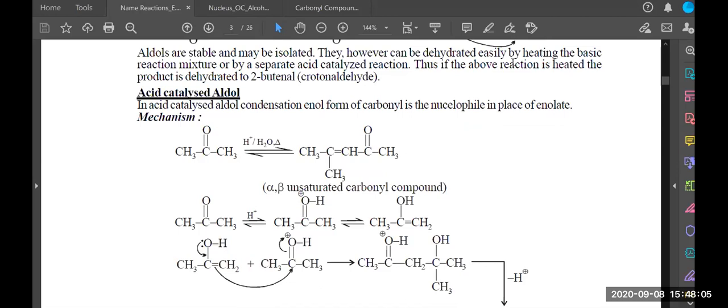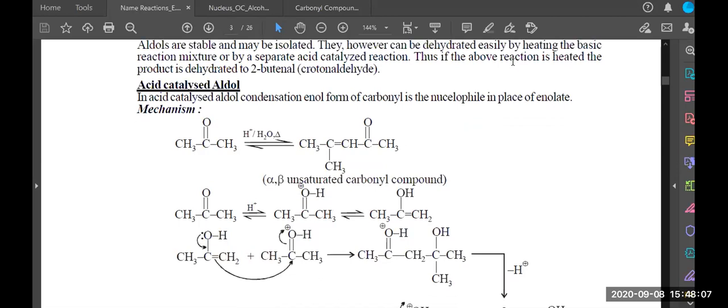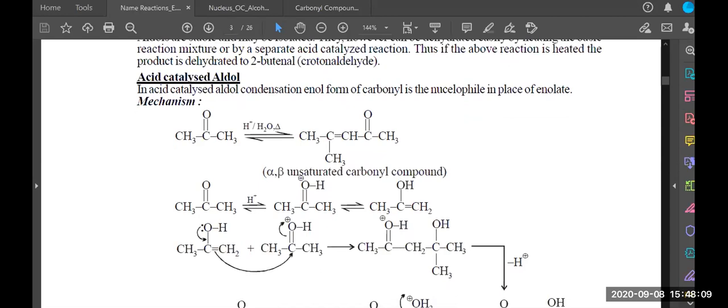We haven't used acid catalyzed. Now, just think with an open mind: what will happen when we give acid, H plus? Because base catalyzed is very simple. We have always studied that for aldol condensation, base is required. It is a base catalyzed reaction.